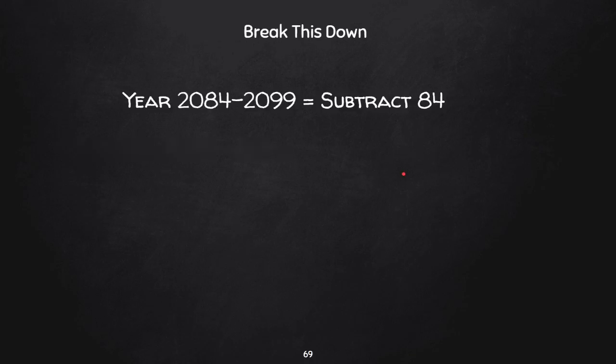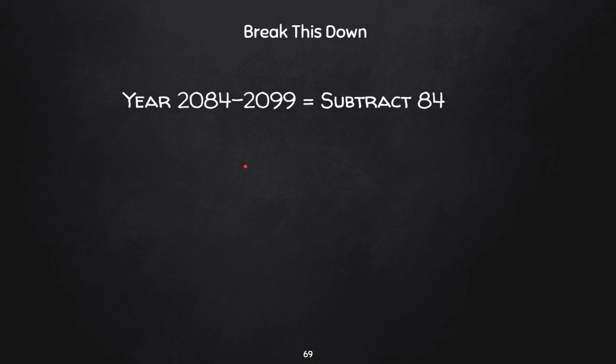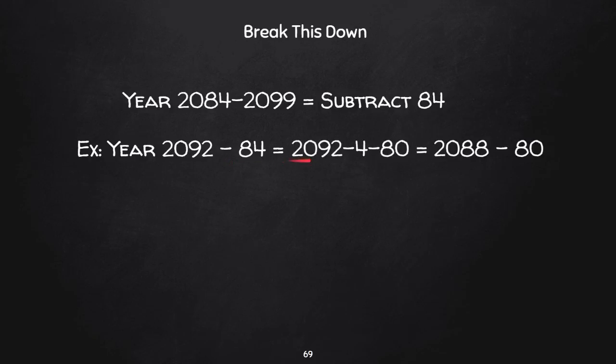Let's take one example. Suppose the given year is 2092. What is the year code for 2092? 2092 minus 84 is equal to, we can simplify this problem as 2092 minus 4 minus 80, which becomes 2088 minus 80.